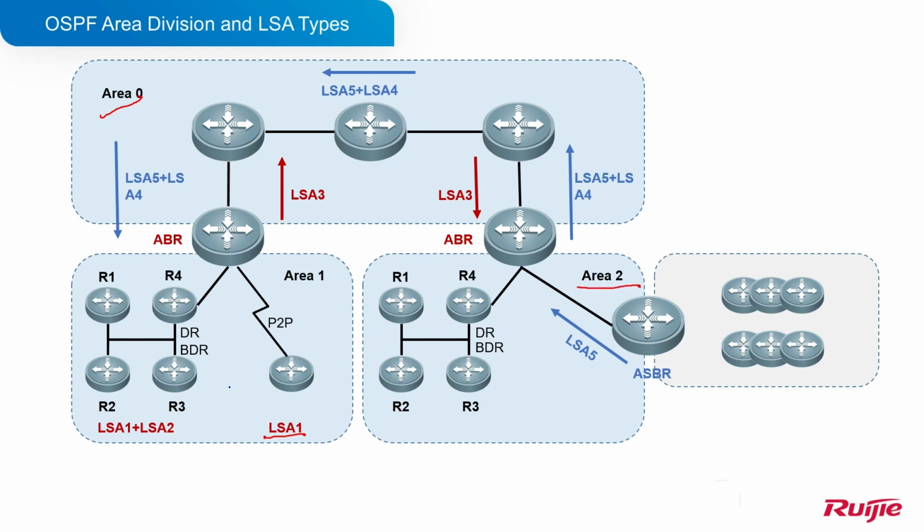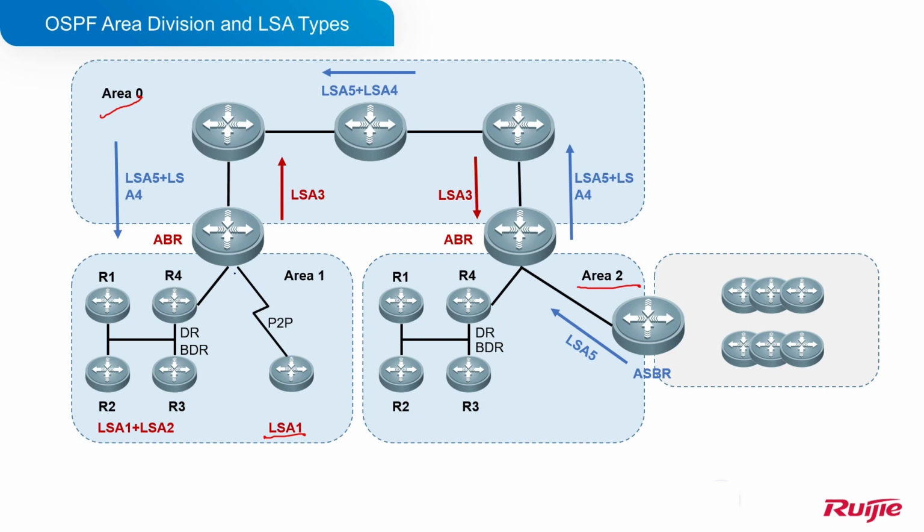So actually, first, in every area, like area 1, we can see R1, R2, R3, R4, and another P2P device connected to the ABR device.